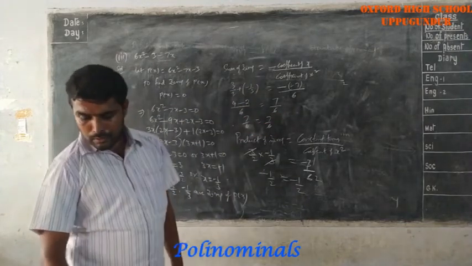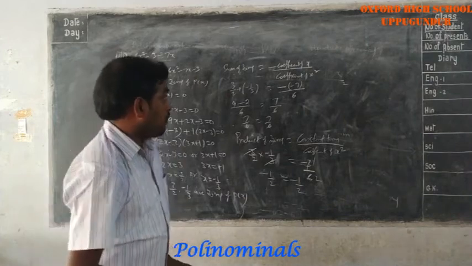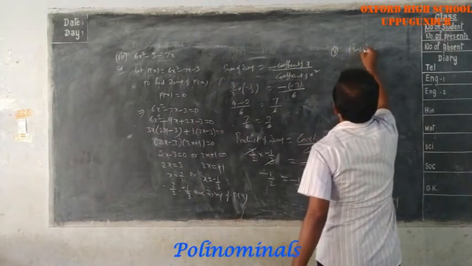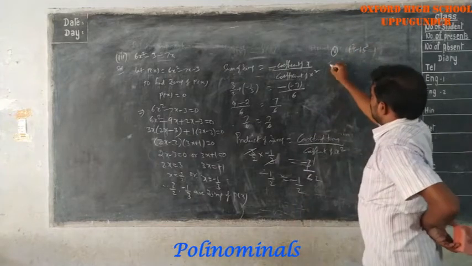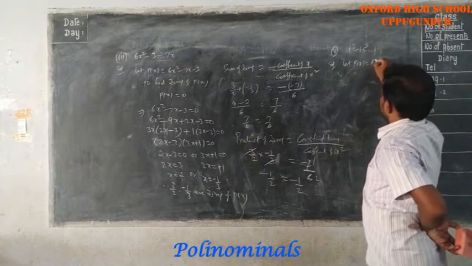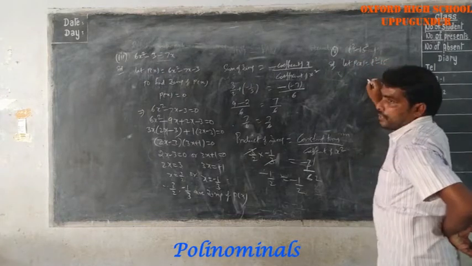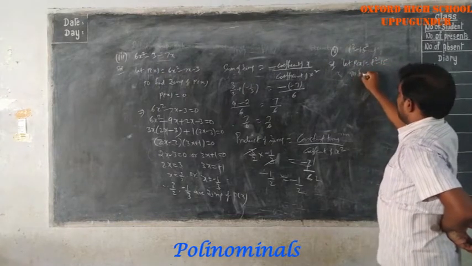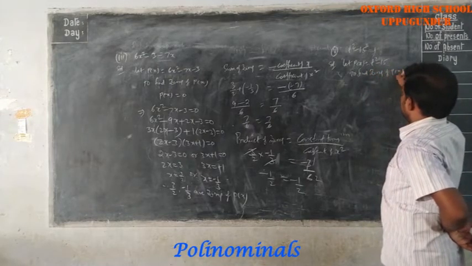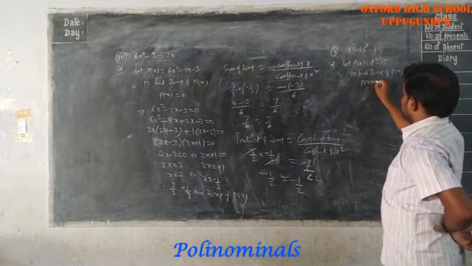Now fifth problem. T square minus 15. So let P of x equal to T square minus 15. To find zeros of P of x equal to 0.